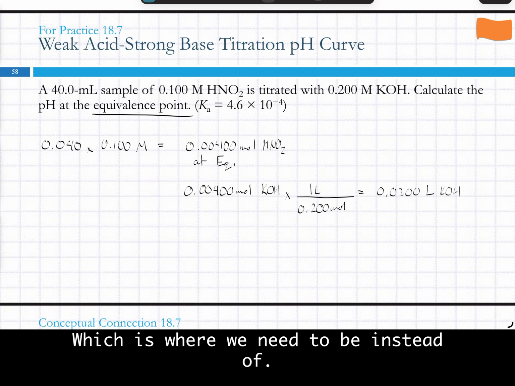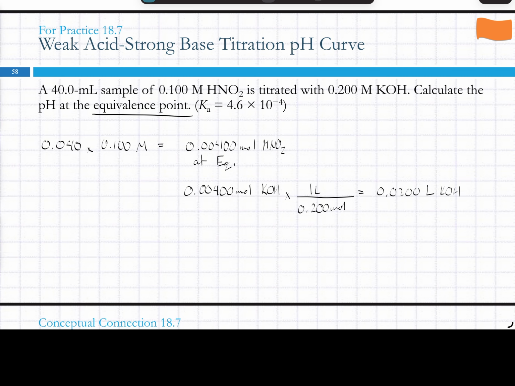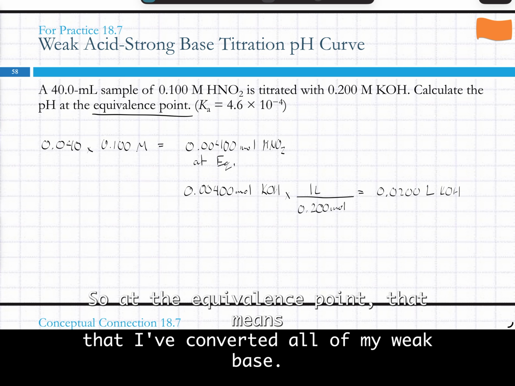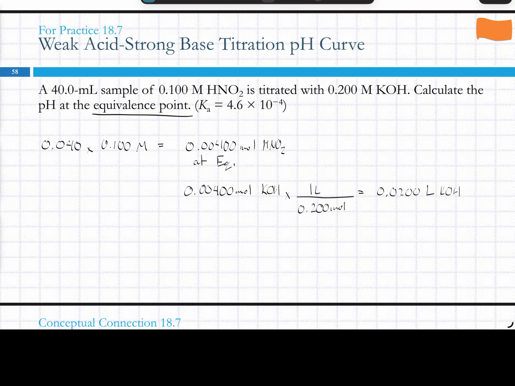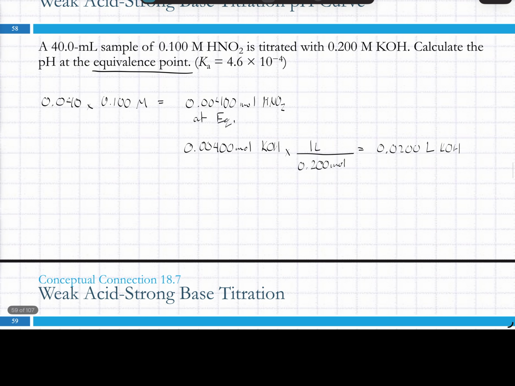Convert the equivalence point to Kb instead of Ka? Yeah, so at the equivalence point, that means that I've converted all of my weak acid into weak base. So I have 0.00400 moles of NO2 minus.